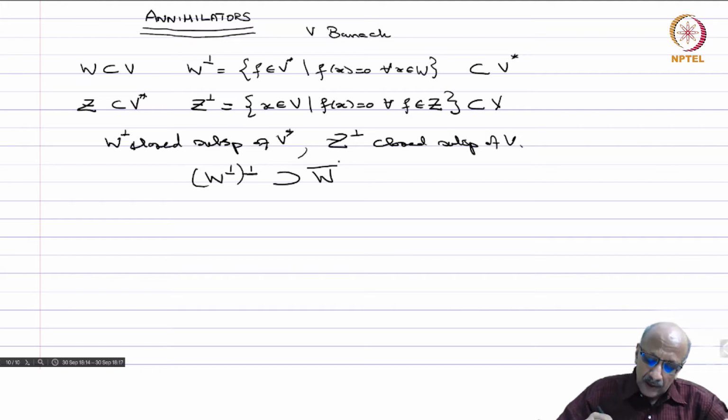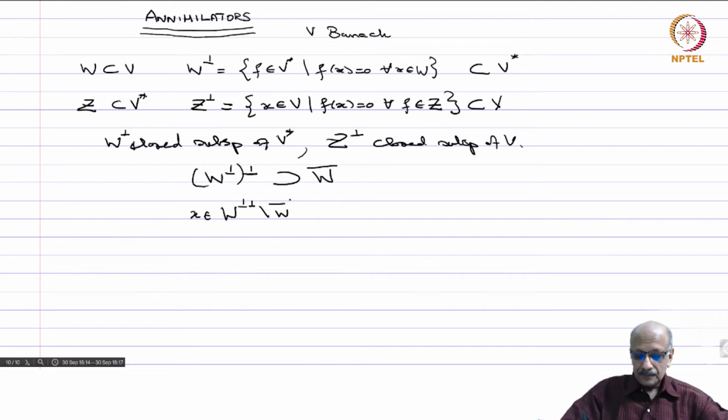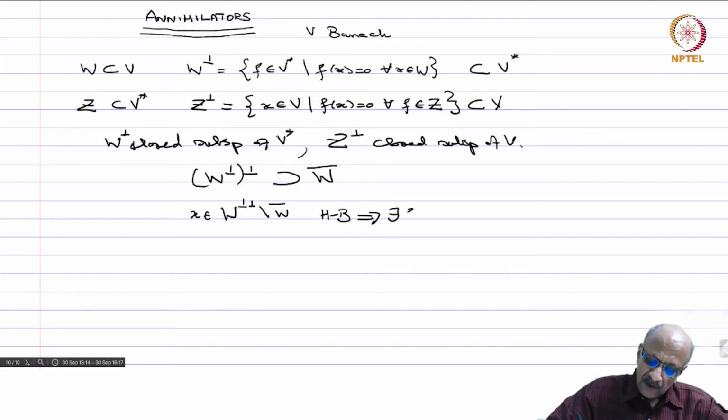Okay. Now, what about, do we have equality? Yes, we do. So suppose we have an x in W perp perp minus W closure. Then Hahn-Banach tells you there exists an f in V star such that f of x is not 0, but f restricted to W is identically 0.